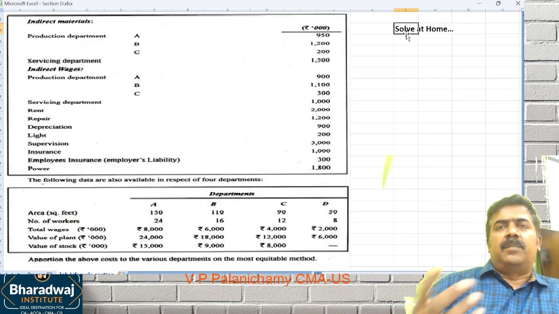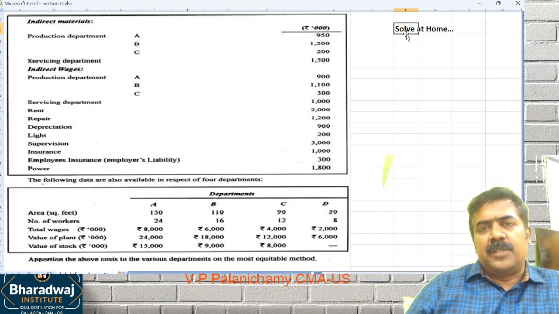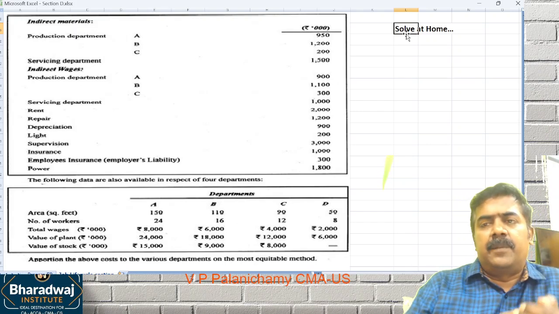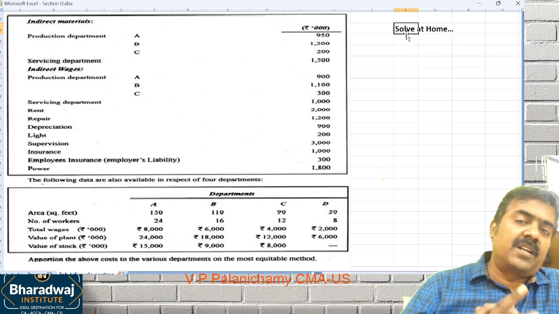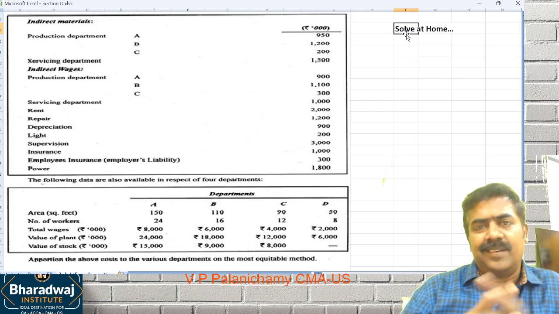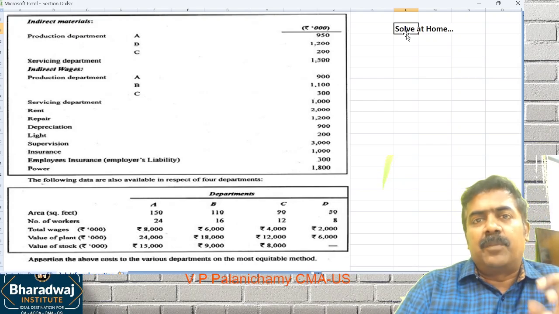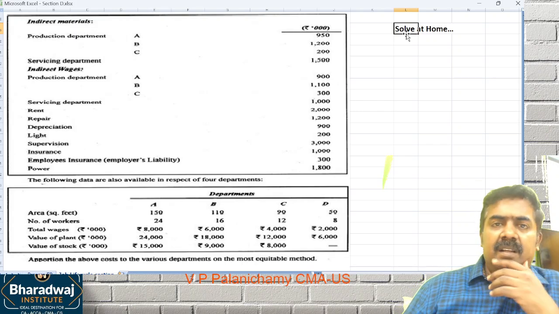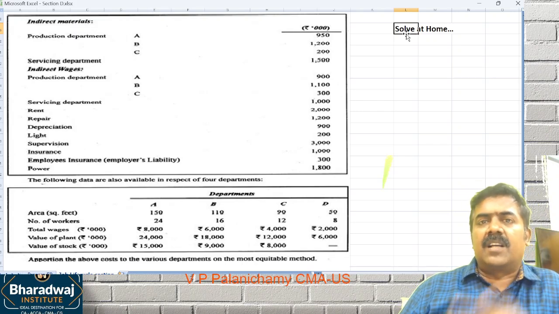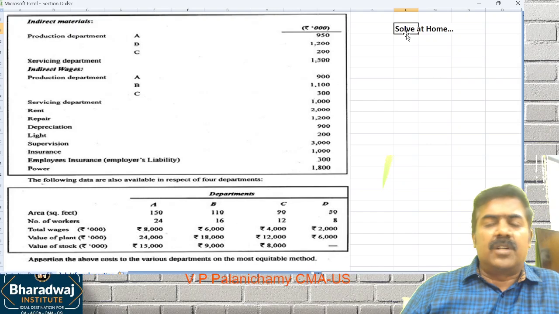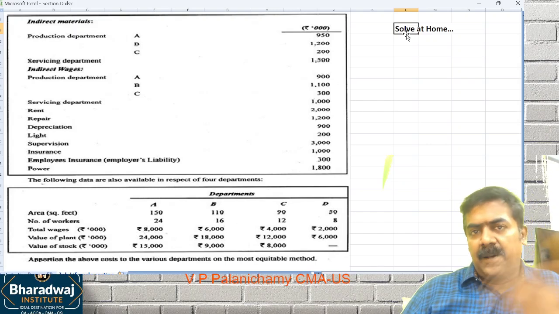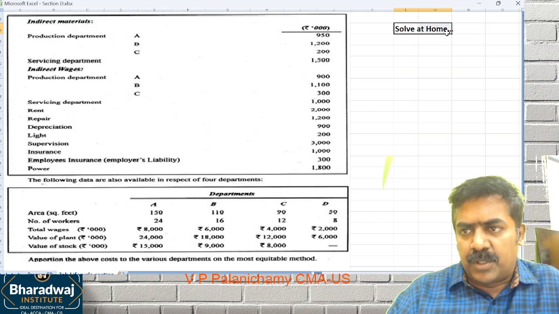For example, certain works are done by machines only, so overheads will depend upon the number of hours of work done in the factory. Overheads will be influenced by the number of hours for which the factory is operated, which can be machine hours or labor hours. How to absorb overheads, we will discuss in the next class, but ensure you solve this.